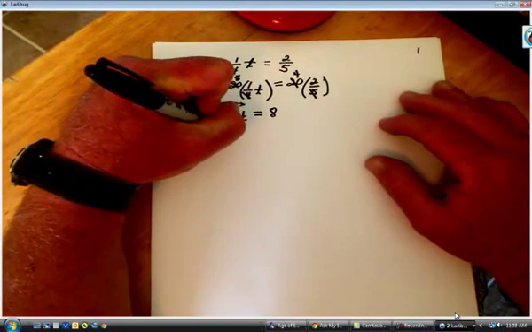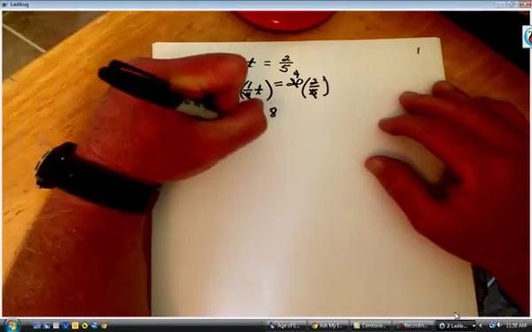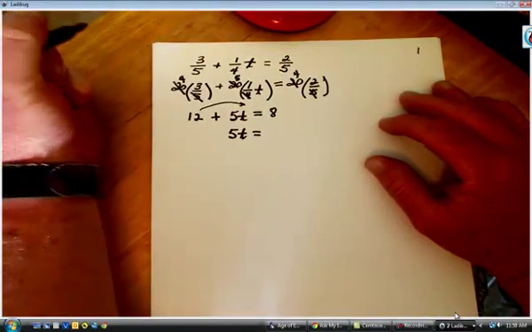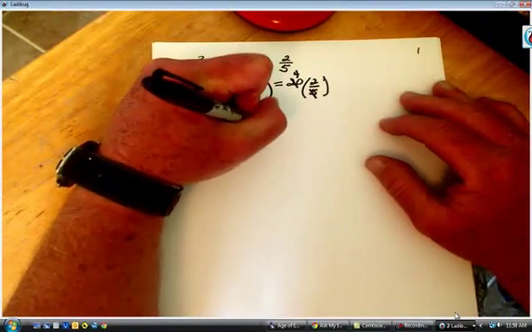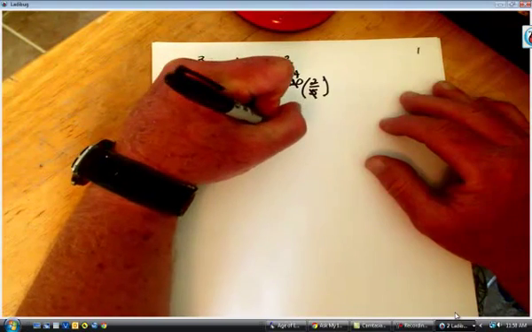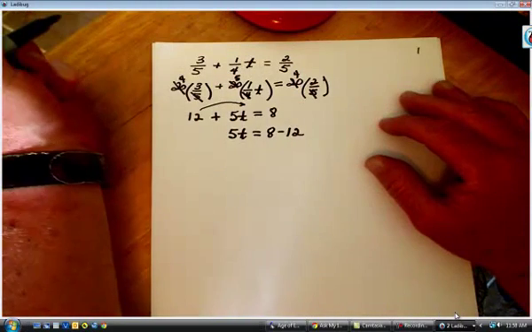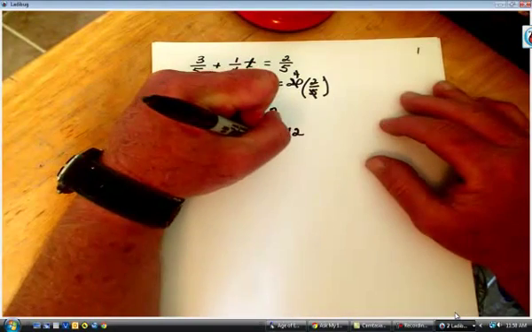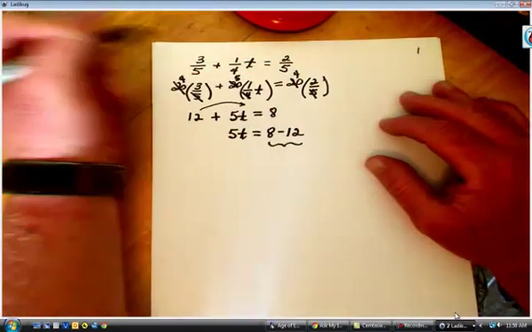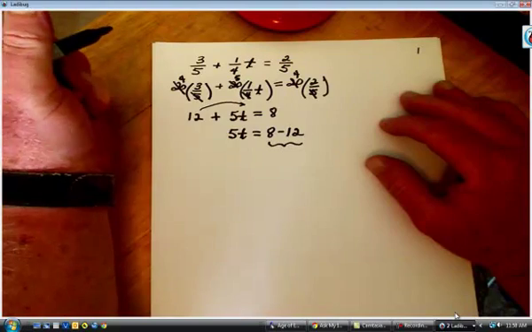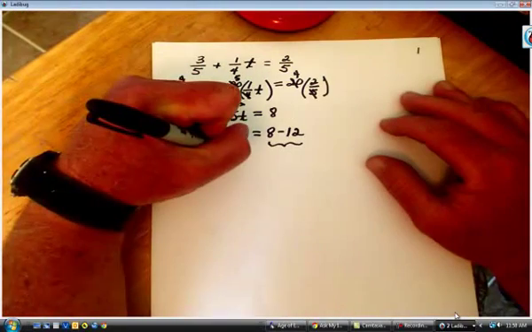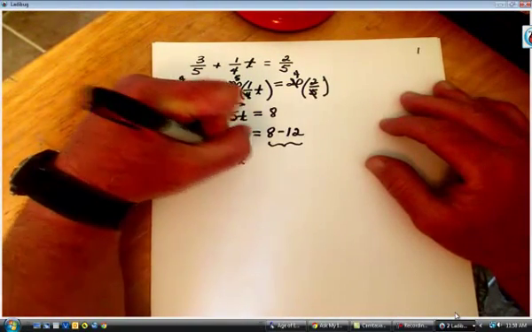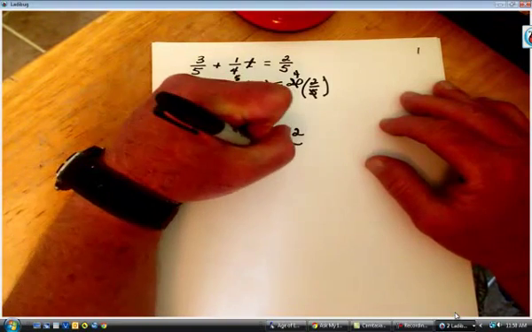So I'll have 5t remaining on the left side equals the 8 that was already sitting there minus the 12 that I'm subtracting from both sides. And now let's clean this up on the right-hand side. 8 minus 12 is a negative 4. So 5t equals negative 4.